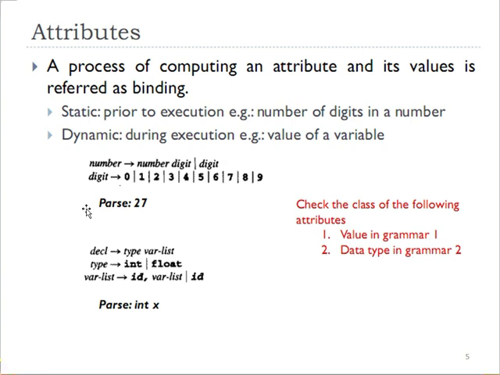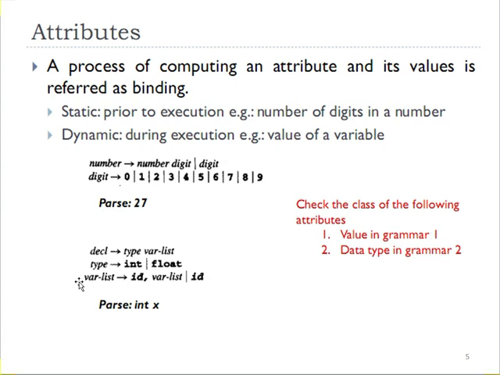Following either the top-down or the bottom-up parsing approach, and either rightmost or leftmost derivation, you can derive the number 27 using the given grammar. Or you can also consider the next grammar.